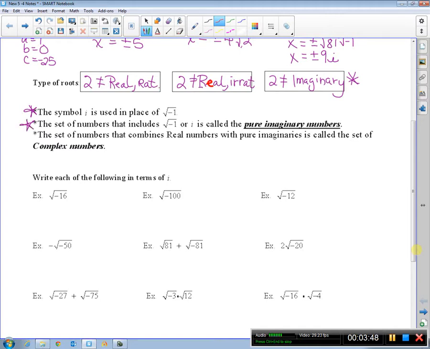And the set of numbers that include the square root of negative 1, or i, are called the pure imaginary numbers. I had two pure imaginary numbers right up there. The set of numbers that combines real numbers with pure imaginaries is called the set of complex numbers.